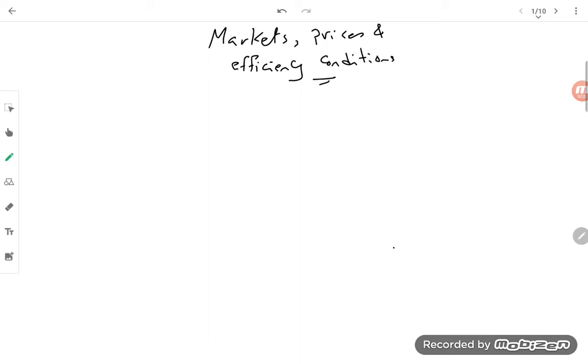Good morning. Today we are going to talk about markets, prices, and efficiency conditions. An efficient market is a perfectly competitive market.